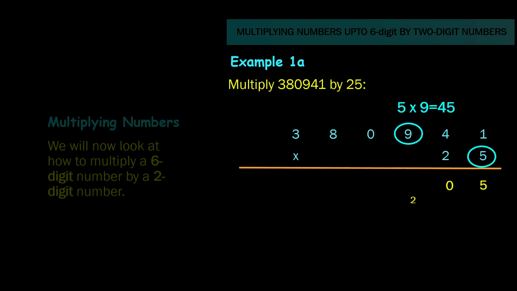Remember to add the 2 to give 47. Position the 7 in the same column as the 9 and carry the 4 over to the next column along. Now continue in the same way until you reach the very end, as shown.